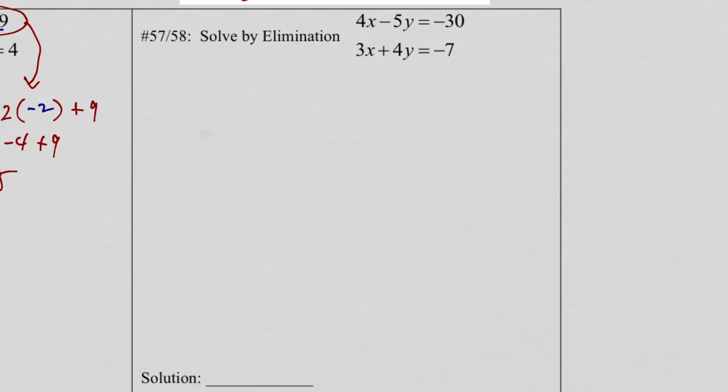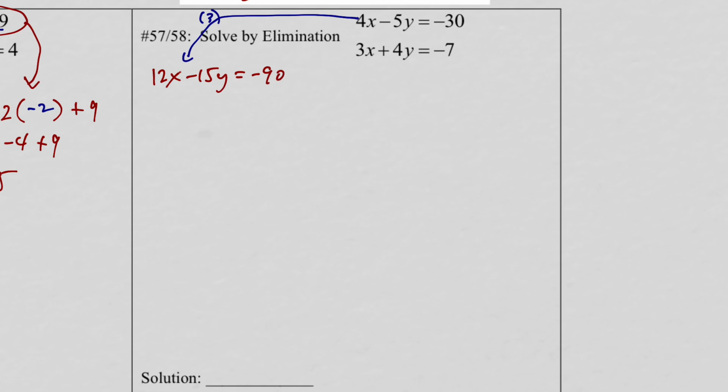Okay, for this problem we're going to solve by elimination. So I can eliminate the x's by bringing them to 12, or I can eliminate the y's by bringing them to 20. I guess I'll get rid of the x's by bringing them to 12. So I'm going to multiply this by 3. I'll do it over here. I'll multiply by 3, and I'll get 12x minus 15y is equal to negative 90.